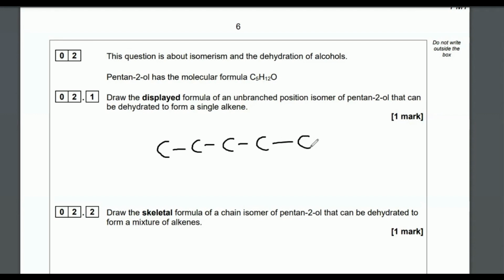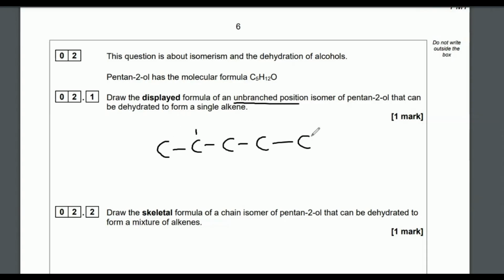So that accounts for the unbranched position isomer. Now, they were saying that the OH was on the second carbon. We could move it to the third or the first carbon. They're the only two positions. You can have pentan-2-ol, pentan-1-ol, and pentan-3-ol. They're the only unbranched ones you have. So you've only got two choices, pentan-1-ol or pentan-3-ol.